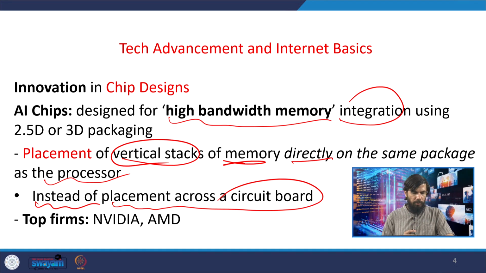Now, moving away from that, instead of horizontal placing we are going for vertical stacking. Top firms which have taken advantage of this kind of design are NVIDIA and AMD. You will see the term high bandwidth memory integration, and that will give you the signal whether that AI chip has this as a design feature.